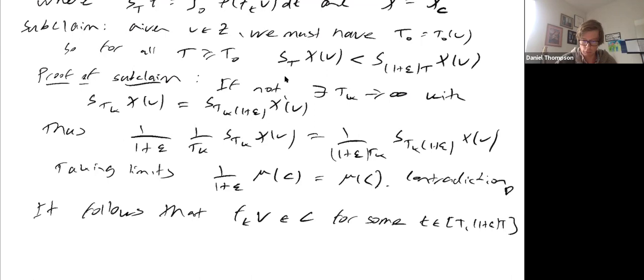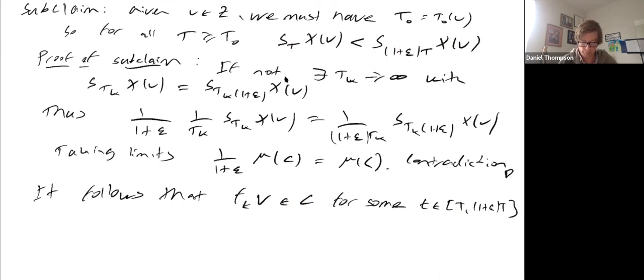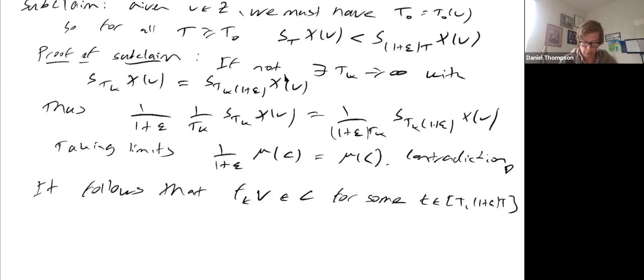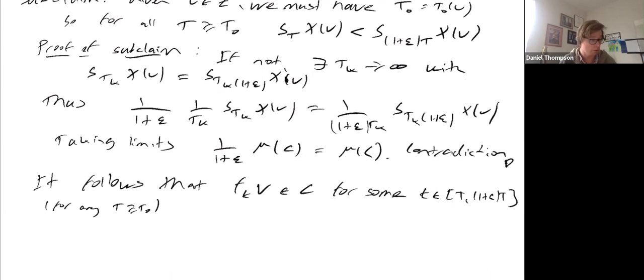Right, so what does it mean to have this number bigger than this number? It means exactly that this characteristic function turns on somewhere in the window between T and (1+epsilon)T, right? In other words, f_t(V) enters the set. And this is for any t greater than or equal to t0. Okay.